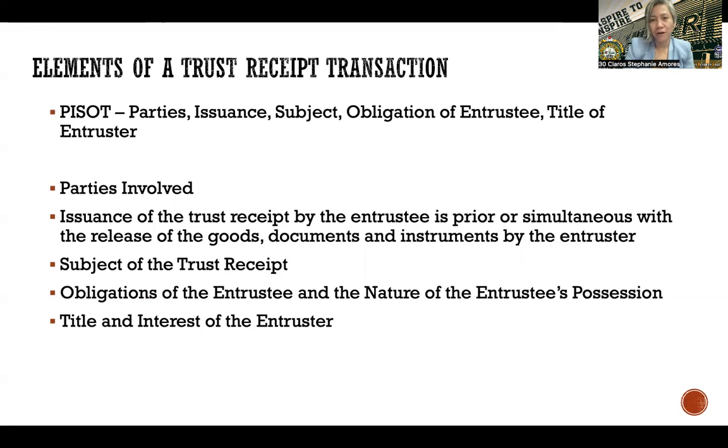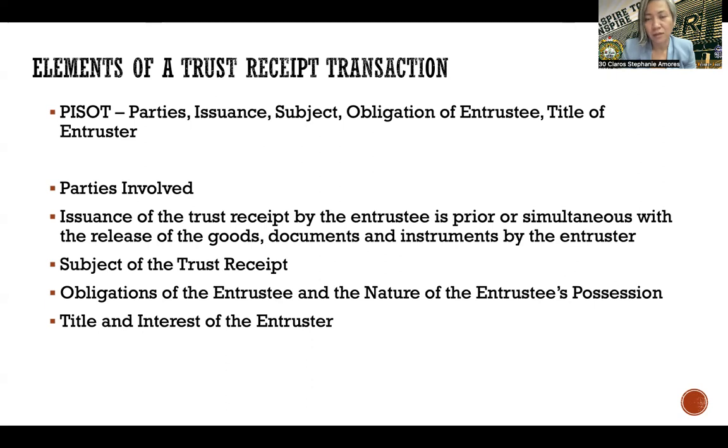Then I for issuance of the trust receipt by the entrustee, which is made prior or simultaneous with the release of the goods, documents, and instruments by the entrustor. So it is the entrustee who will issue the trust receipt, and it is the entrustor who will release the goods, documents, or instruments.